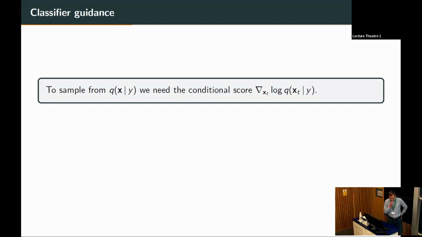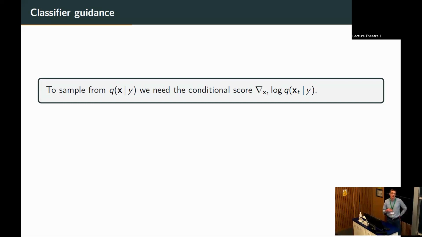So guidance also comes in many different forms. I will mention two of those, and the first is what's referred to as classifier guidance. The idea of classifier guidance comes from the situation when we want to condition on a certain class. So y here is some discrete variable, and these models are used a lot in image generation, for instance.